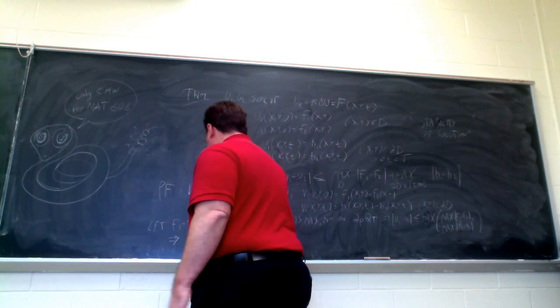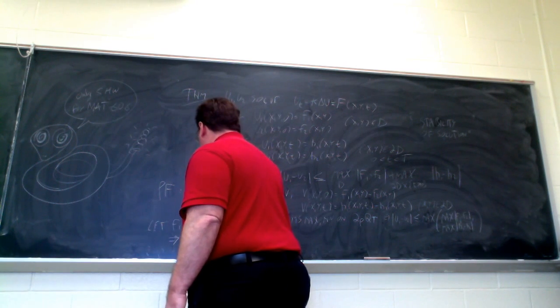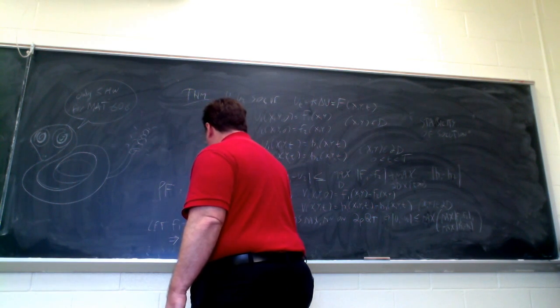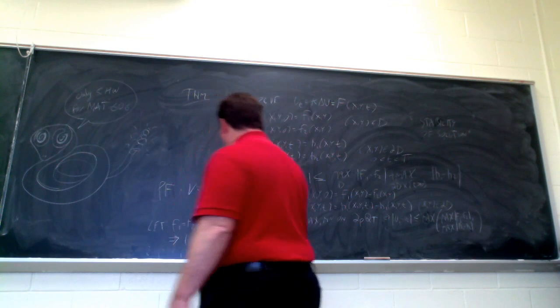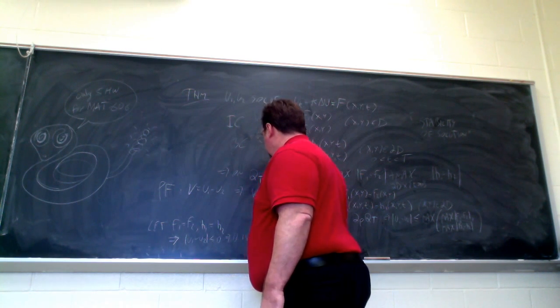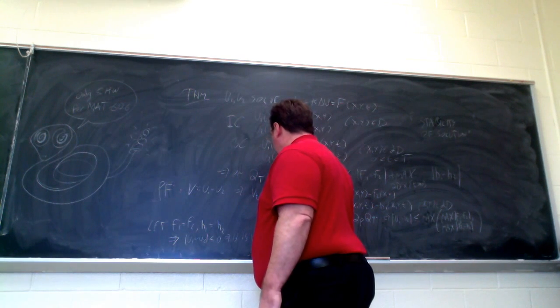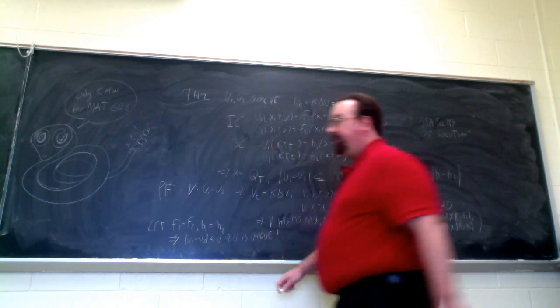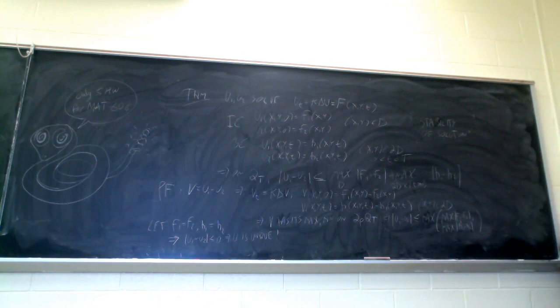So u1 minus u2 is less than or equal to 0. Therefore, it must equal 0. Therefore, uniqueness. Okay. So we have stability and uniqueness of solutions all in one shot.